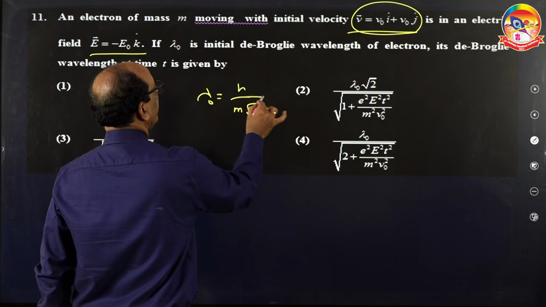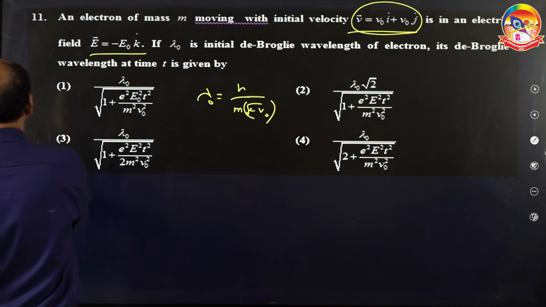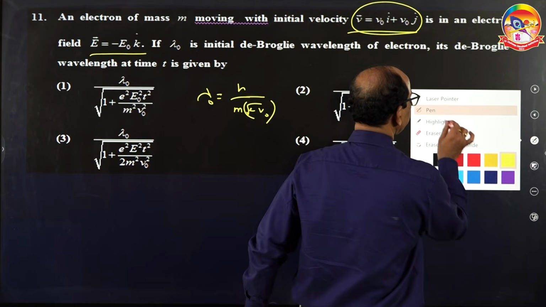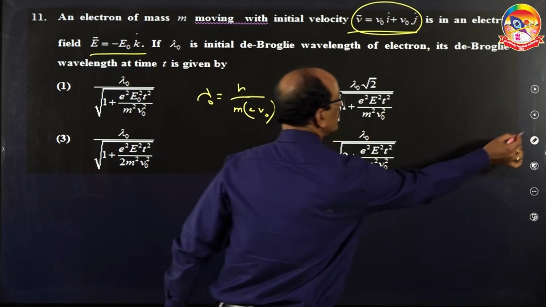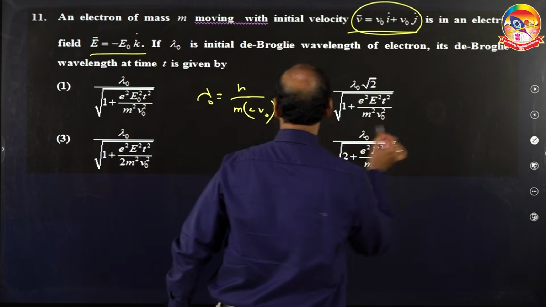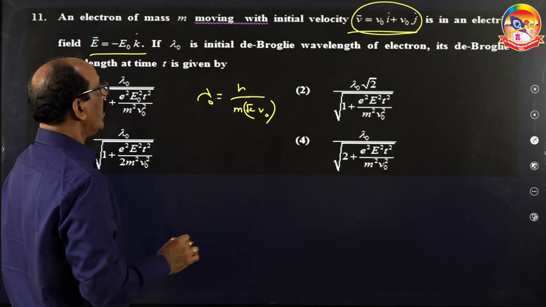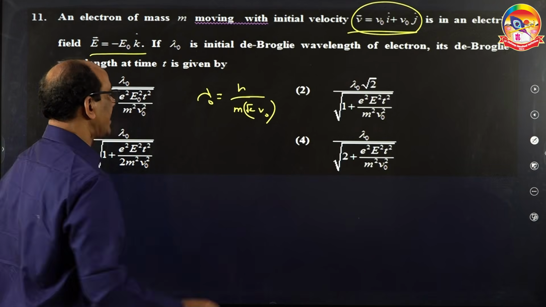When we are writing this momentum, only the magnitude of momentum we have to write. So it should be root 2 v naught. Now, because of the electric field, the velocity of the electron changes with time.